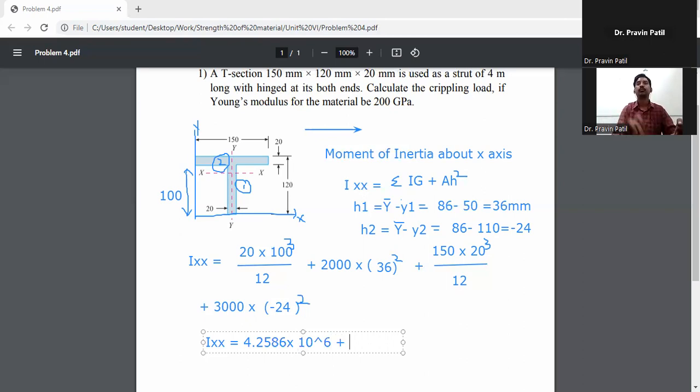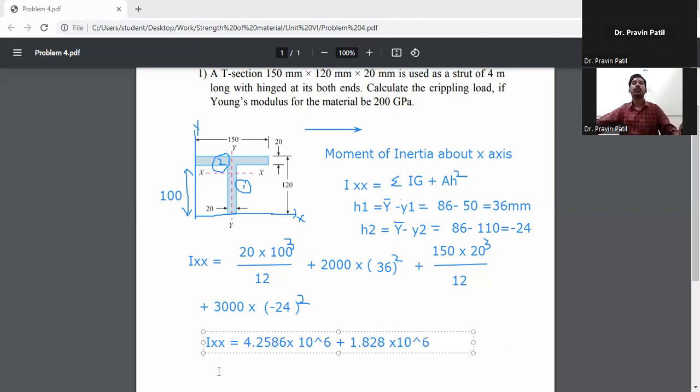Plus the second one, 150 into 20 cube divided by 12, then plus 3000 into 24 square. The second will be 1.828 into 10 raised to the power 6.